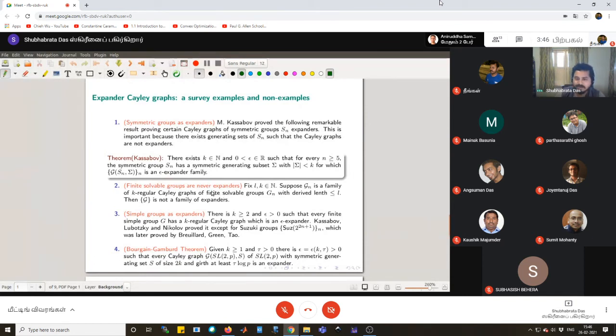So these are examples and non-examples. Here I mentioned the solvable group example, that it never gives an expander family. Sorry, it would be Gn.